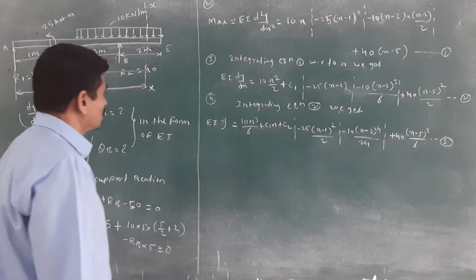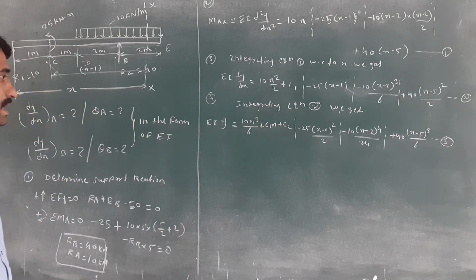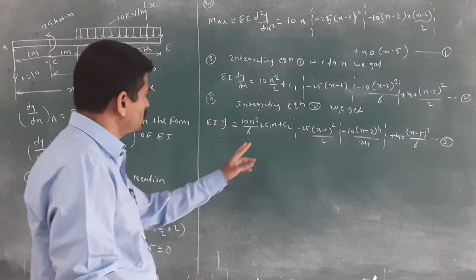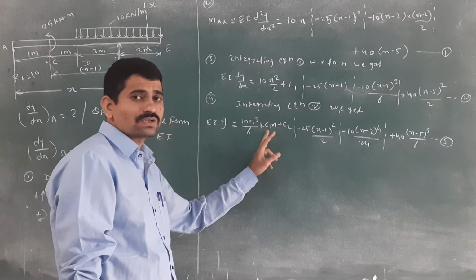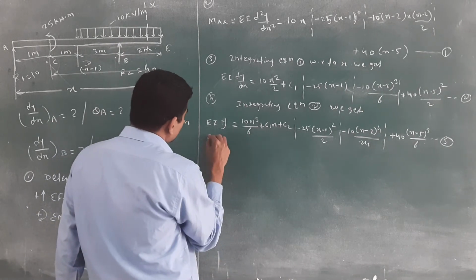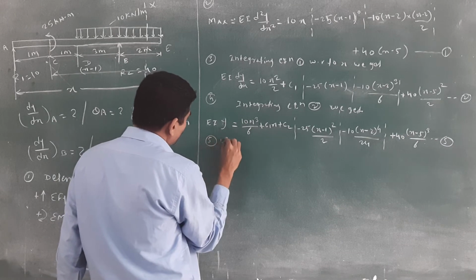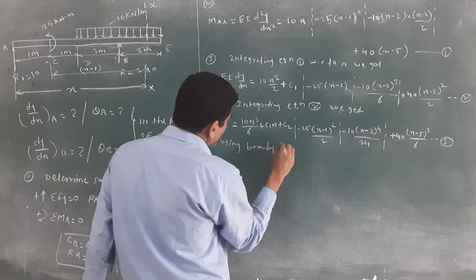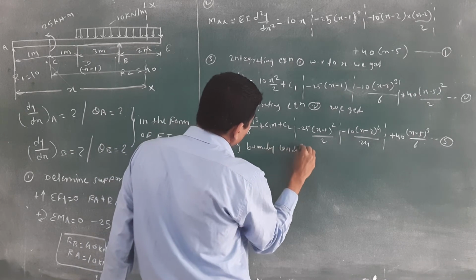Once you have got these 3 equations, you can easily find out the slope value. Once you have calculated these 3 equations, use the boundary conditions and find out the constant values. How to find out the constant values? Step number 5, using boundary conditions. How to use them?